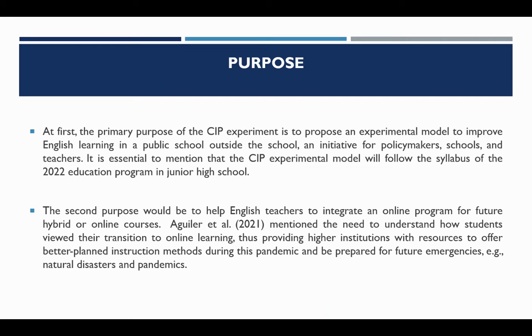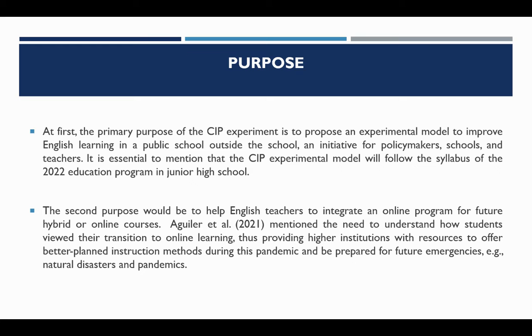Okay, and then moving on, and speaking about the purpose, at first, the primary purpose of the CIP is to propose an experimental model to improve English learning in a public school, outside the school, an initiative for policymakers, schools, and teachers. It is essential to mention that the CIP experimental model will follow the syllabus of the 2022 educational program in junior high school.